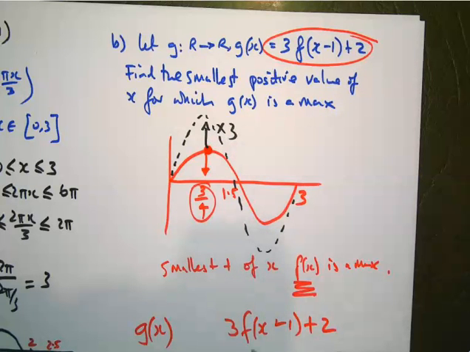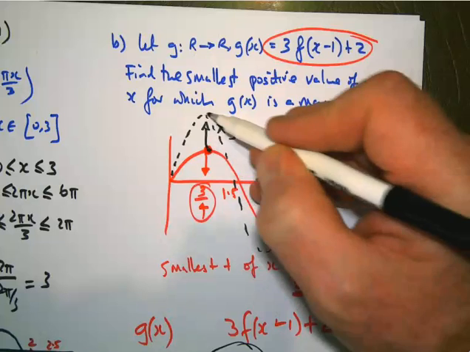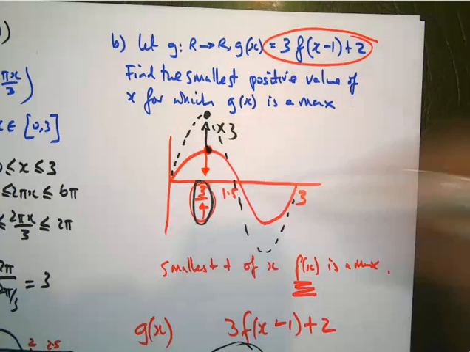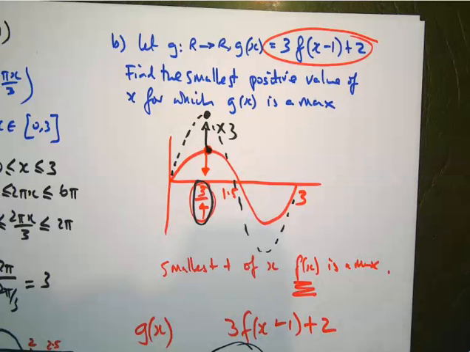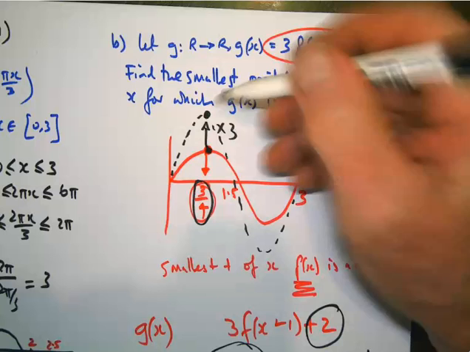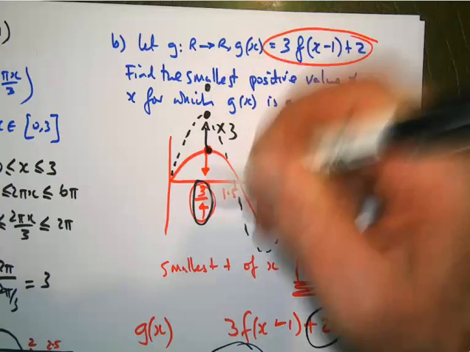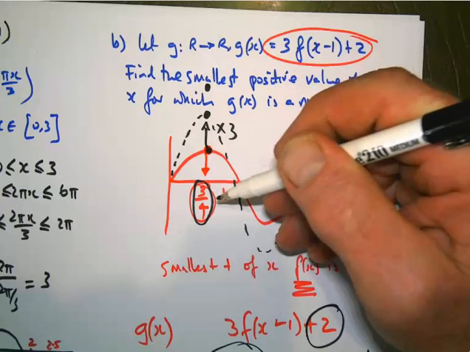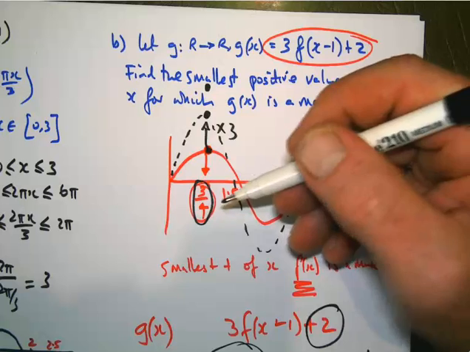Is that going to affect the lowest value of x where it's a maximum? No, the maximum is still 3 on 4. What's the plus 2 going to do? That's going to move it up a value of 2. Will that change when the lowest value of x becomes a maximum? No, 3 on 4 is still going to be the lowest value.